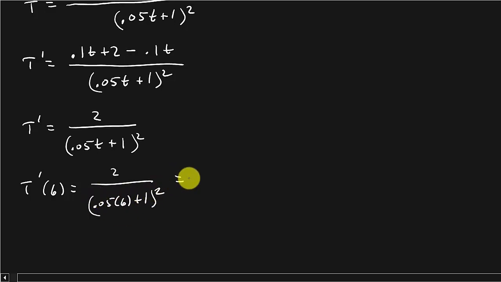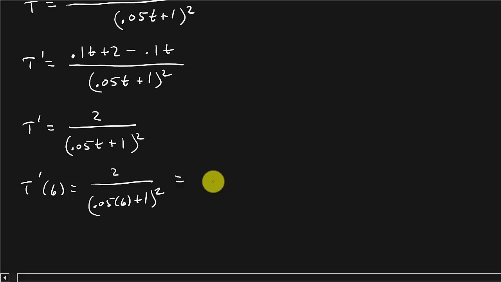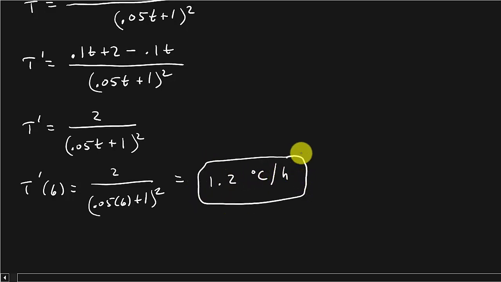And so I take 2 divided by that, and that's going to be 1.2 degrees Celsius per hour. That's how the temperature's changing.